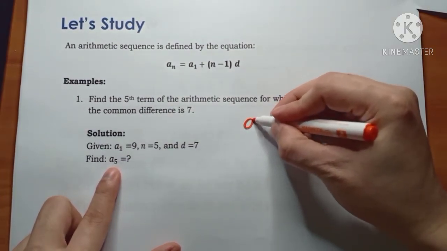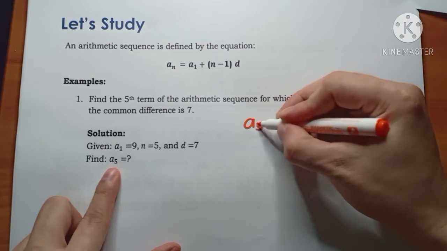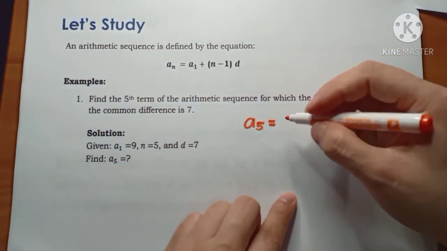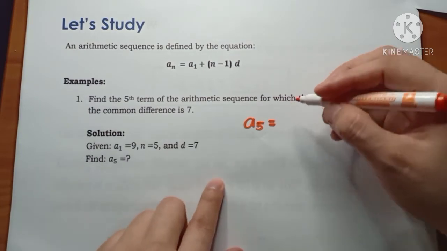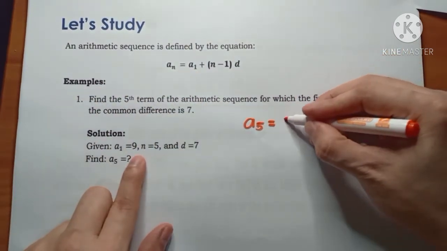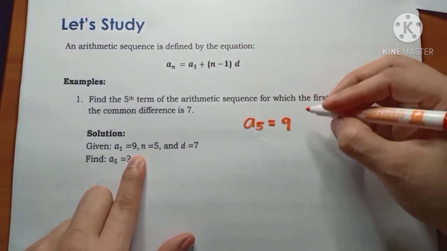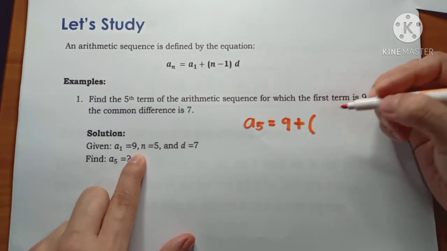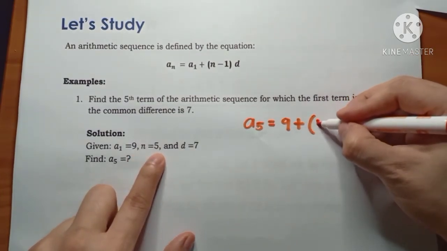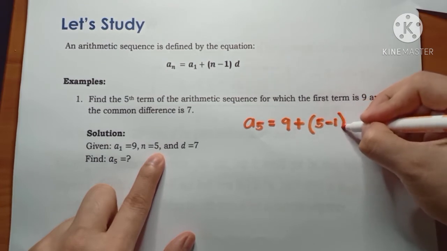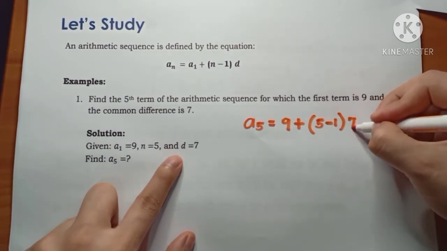So our fifth term or a sub 5 is equal to our first term, 9, and then plus, what is our n? 5, then minus 1, times the common difference 7.